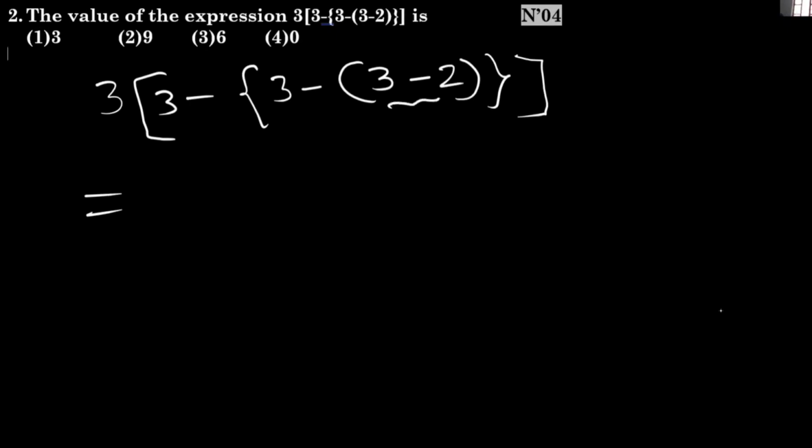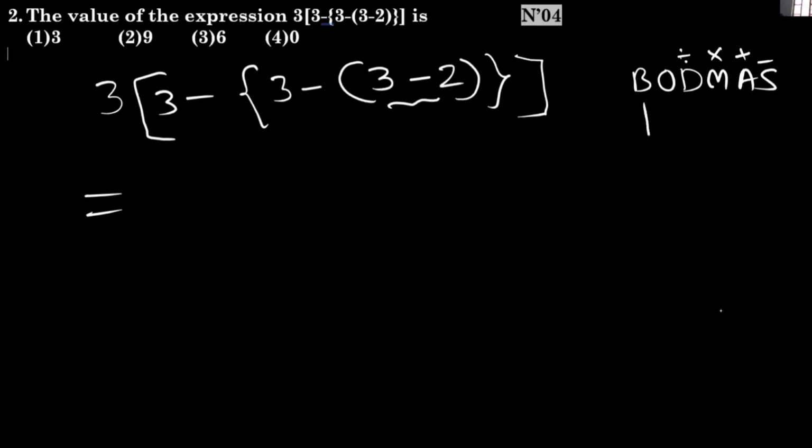So here 3 minus 2, first we have to, children, you know about BODMAS. In this BODMAS, B stands for brackets, O stands for of, D stands for division, M stands for multiplication, A stands for addition, S stands for subtraction.